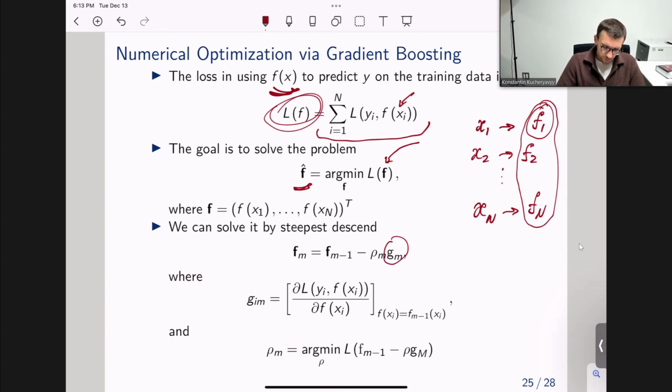And then we will scale it up or down by parameter rho, which will find the best size at this stage.